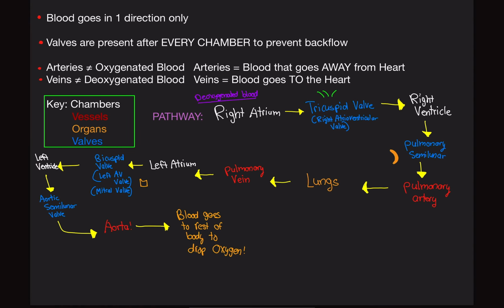The whole point of this pathway is to pick up oxygen from the lungs and transport it to the body, to the rest of the tissue, the organs, the cells. They need oxygen to survive. This is the whole goal of this. But we're not done.